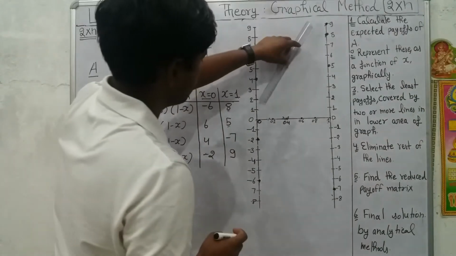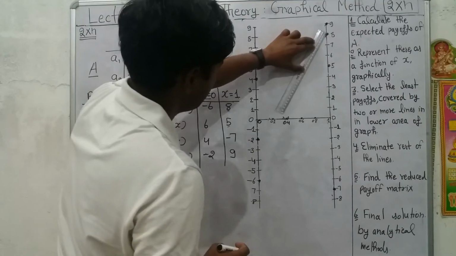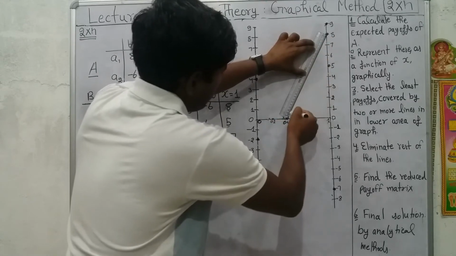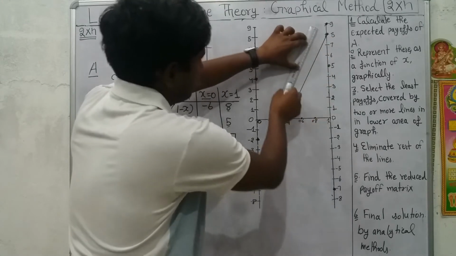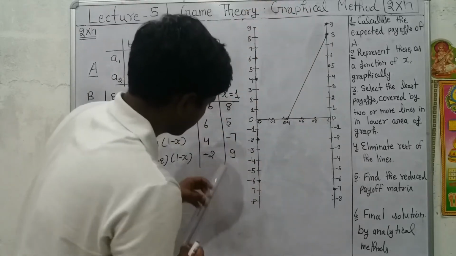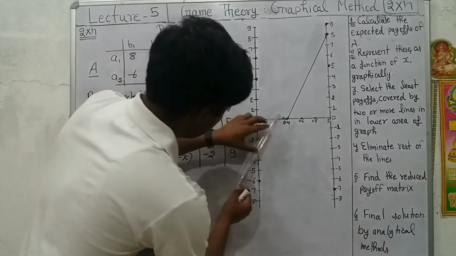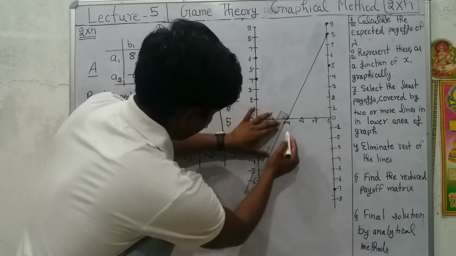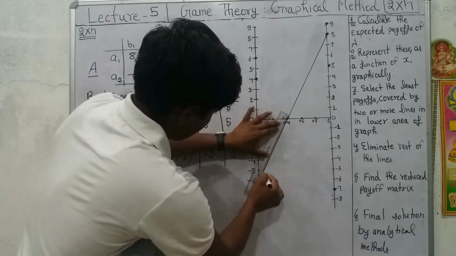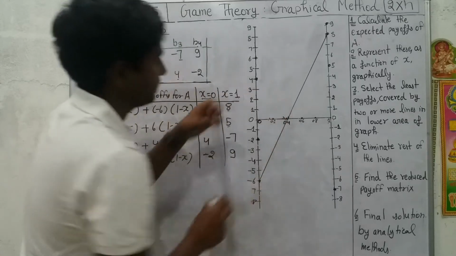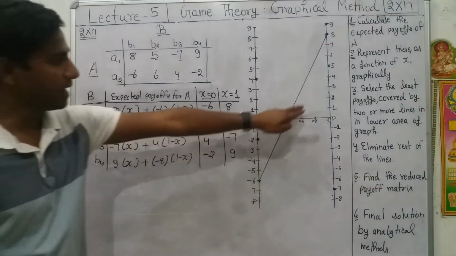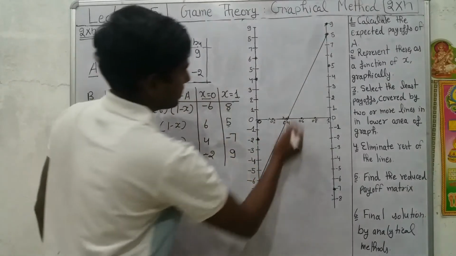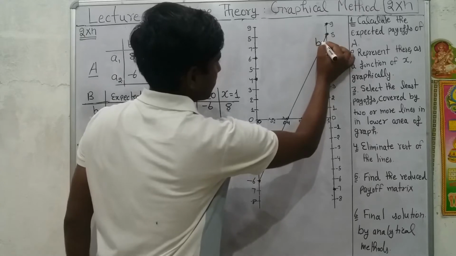So I'm going to join these 2 points. As this line represents the payoff in response of strategy B1, we will name it as B1.